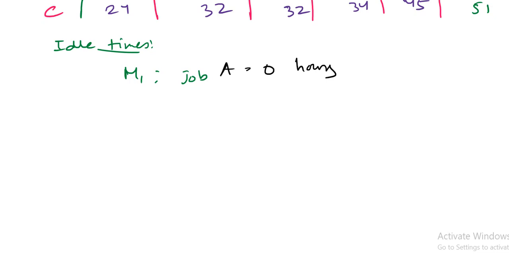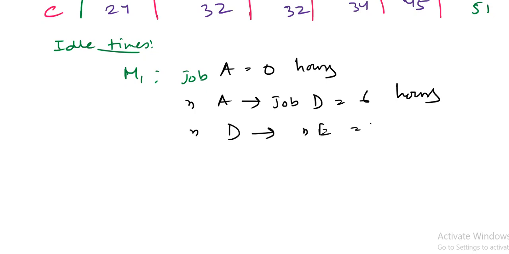Job A to D, 10 minus 4, that is 6 hours. Job D to E, 15 minus 10, 5 hours.